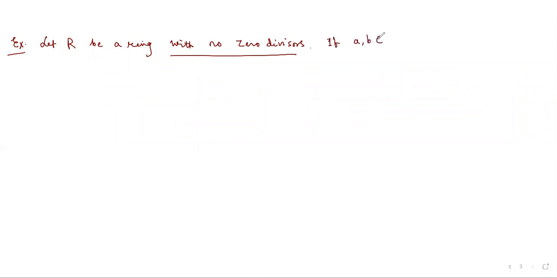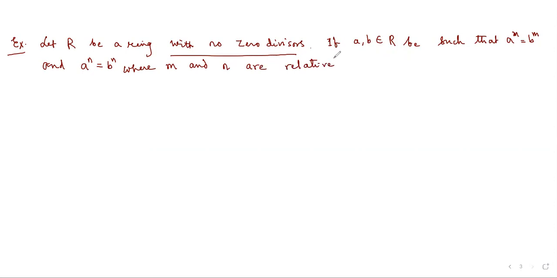If a, b belonging to R are such that a to the power m equals b to the power m, and a to the power n equals b to the power n, where m and n are relatively prime positive integers, then show that a is equal to b. Okay, how to prove it? Let us try to prove it.